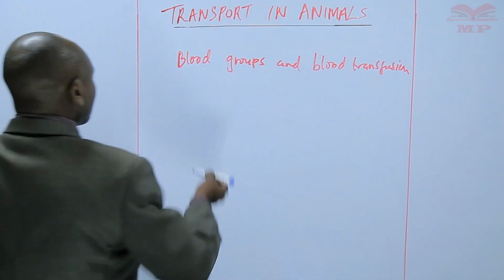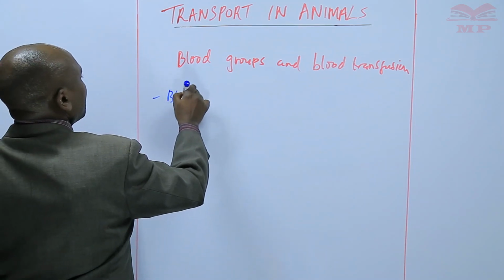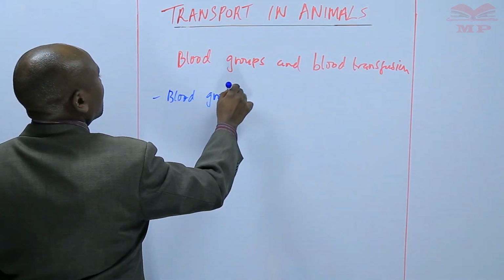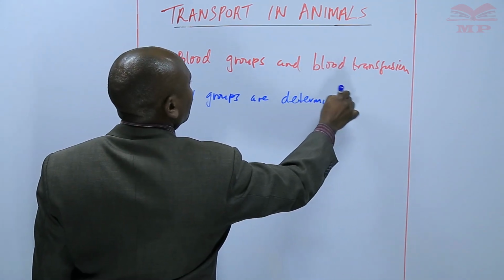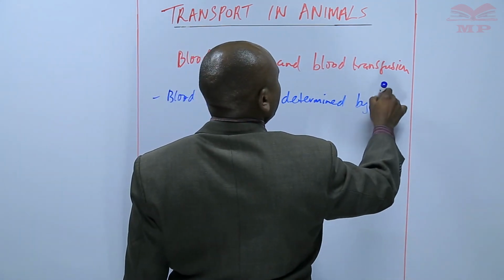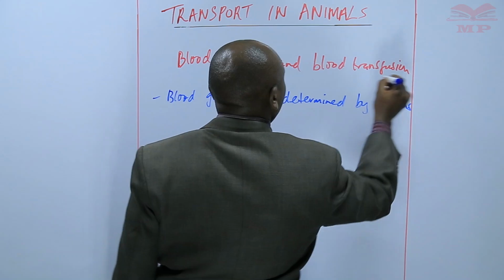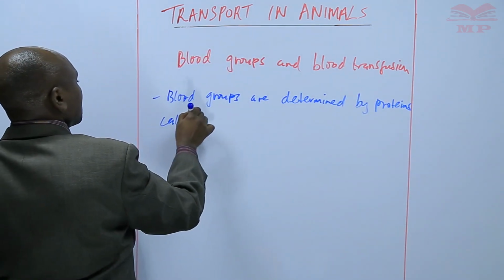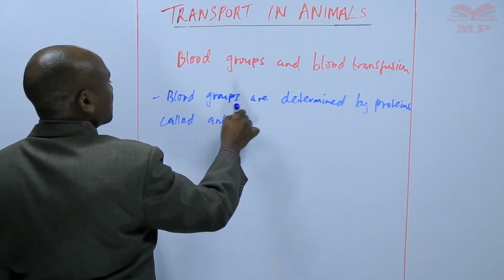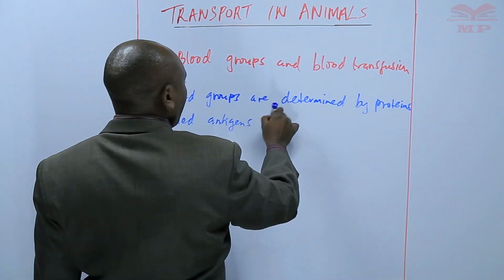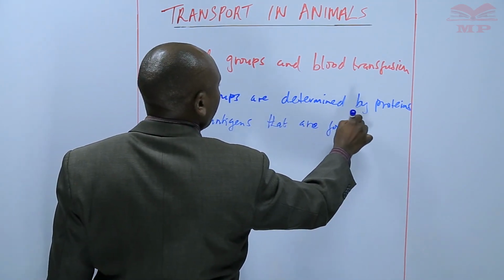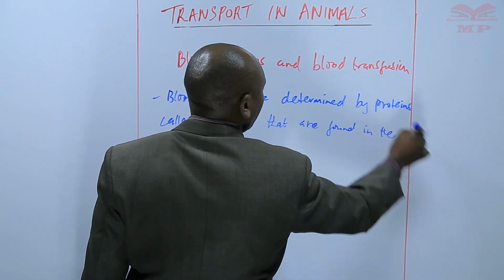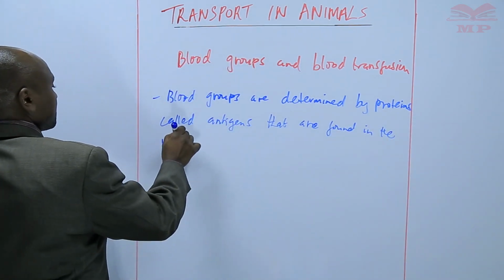So in this case, we are saying that blood groups are determined by proteins called antigens that are found in the red blood cells.